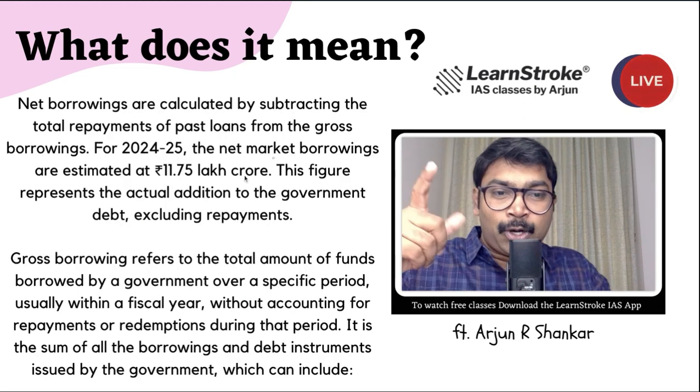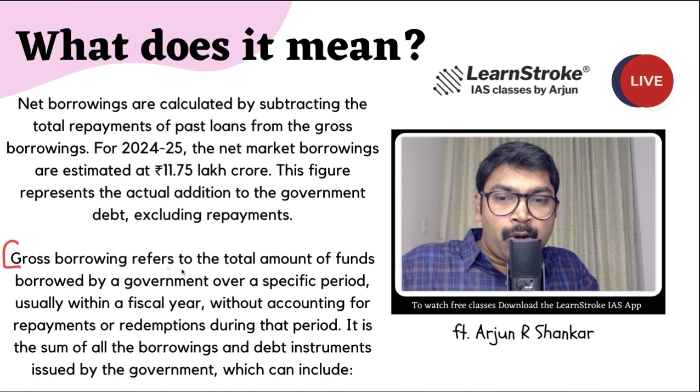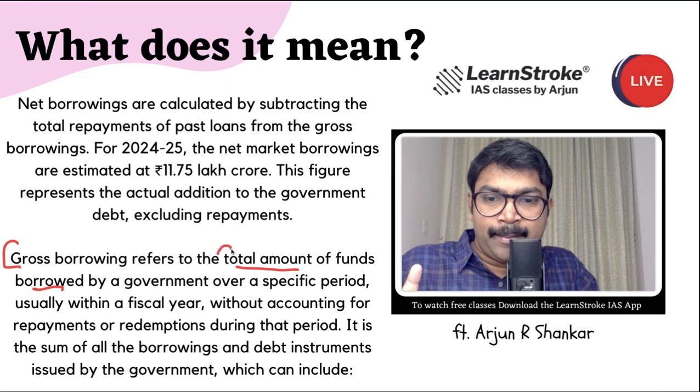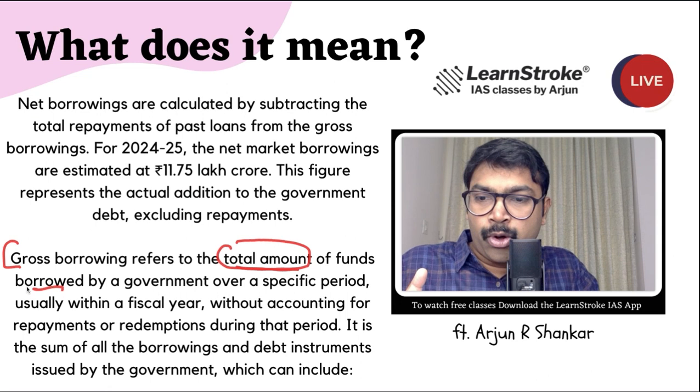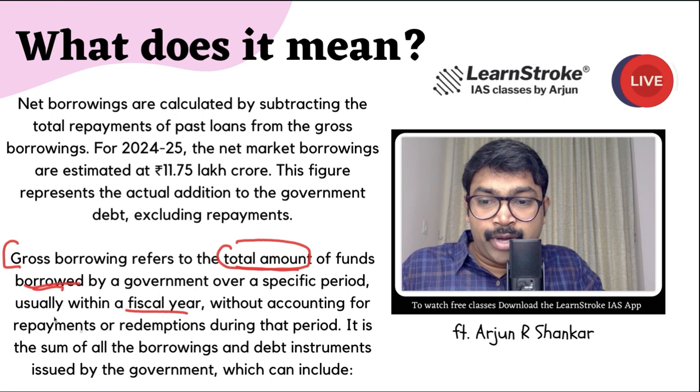And let's see the net and gross. Let's calculate the gross first. The gross borrowing refers to the total amount of funds borrowed by the government over a specific period of time, within a fiscal year. So the first is the total amount you borrow within a year without accounting for repayments.